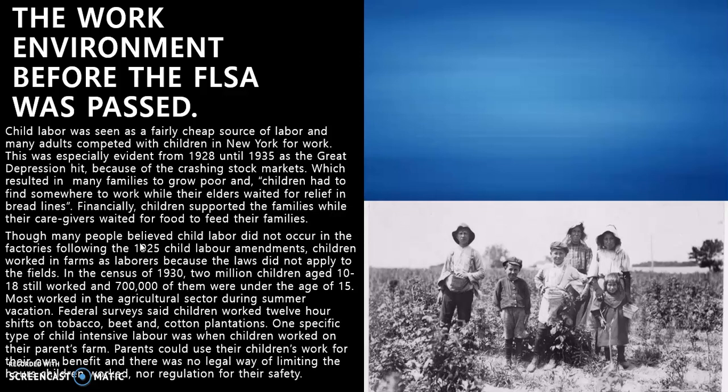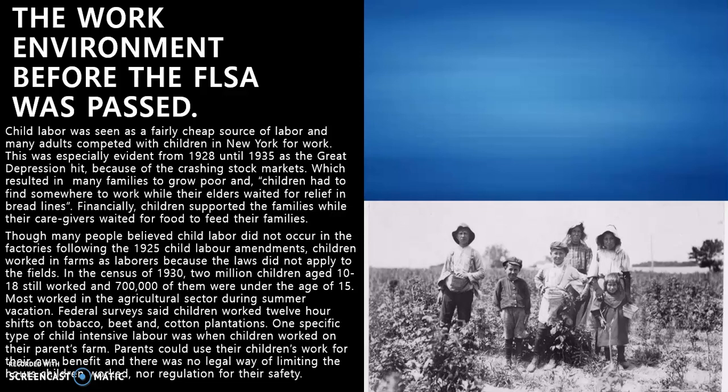Though many people believed child labor did not occur in the factories following the 1925 child labor amendments, children worked in farms as laborers because the laws did not apply to the fields. In the census of 1930, 2 million children aged 10 through 18 still worked, and 700,000 of them were under the age of 15.